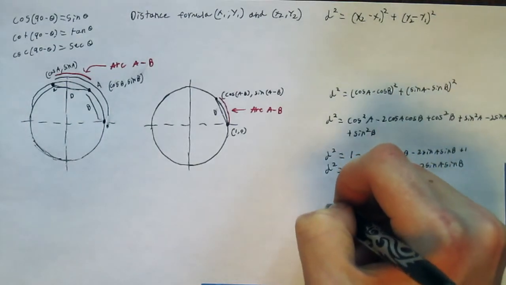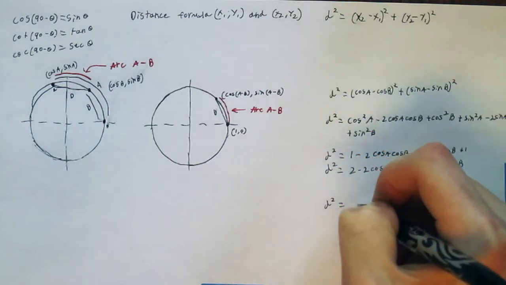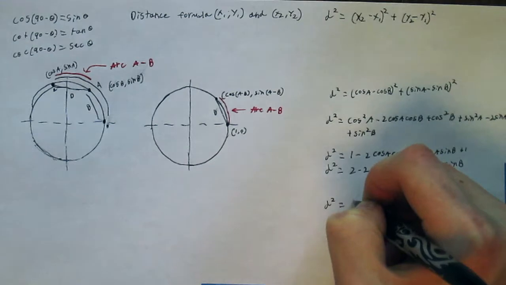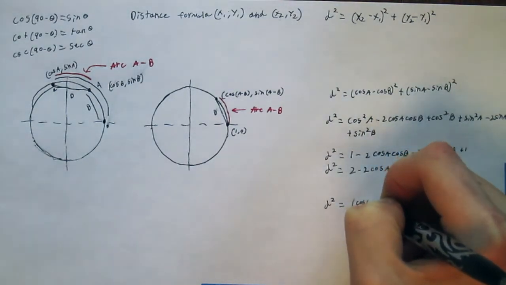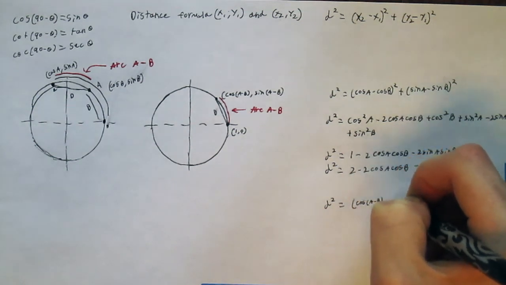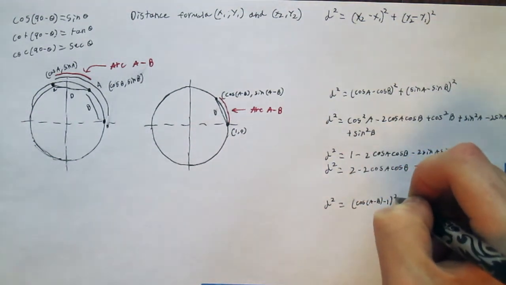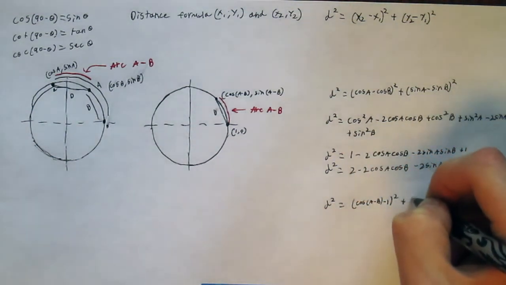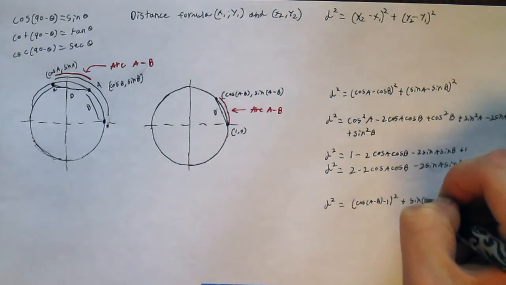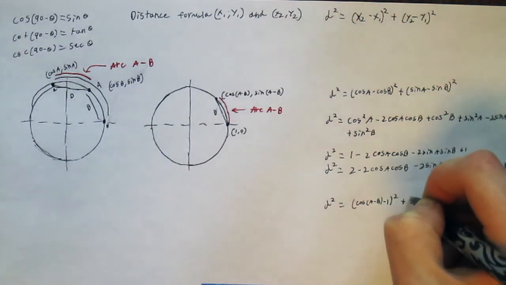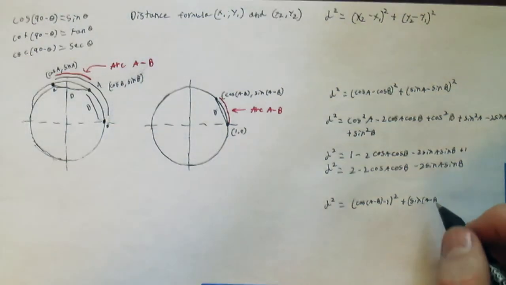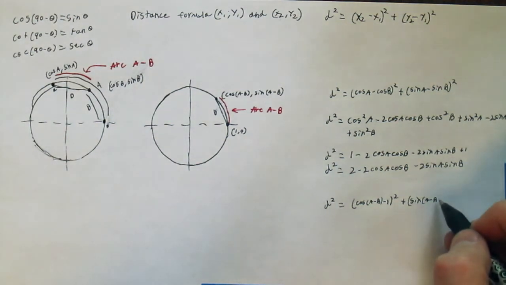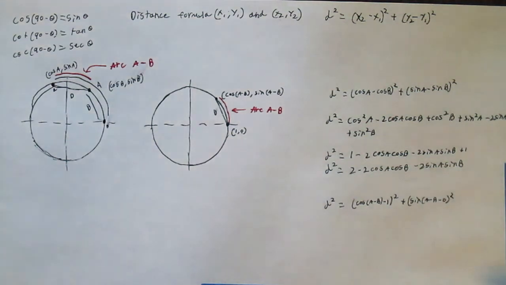So we get d squared is also equal to cosine of A minus B, minus 1 squared, plus sine of A minus B, minus 0 squared.